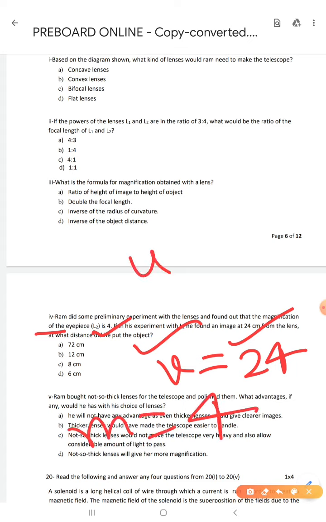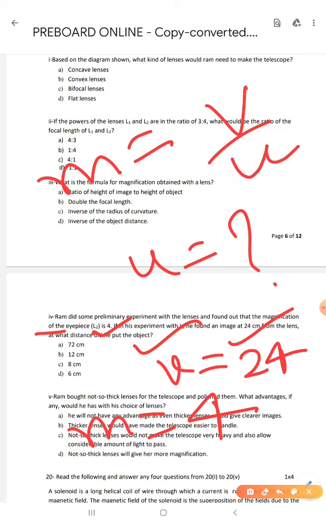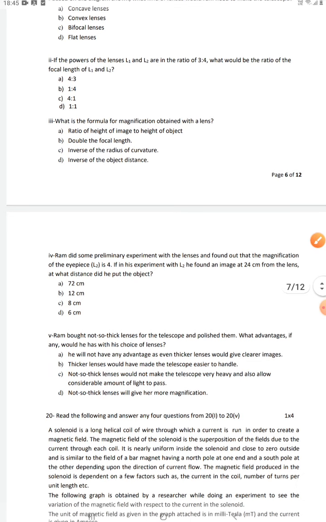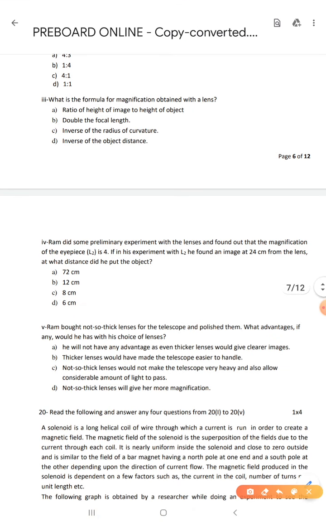We have to find the value of U. So we should know the formula for magnification of a lens, which is V upon U. Got it? Then you will put the values here and you will get your answer. Because V is given and magnification is given, you can easily find the value of U and that will be your answer.